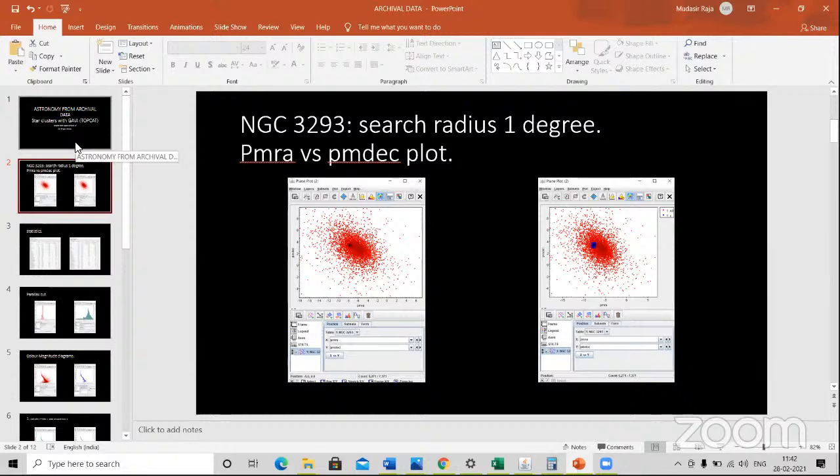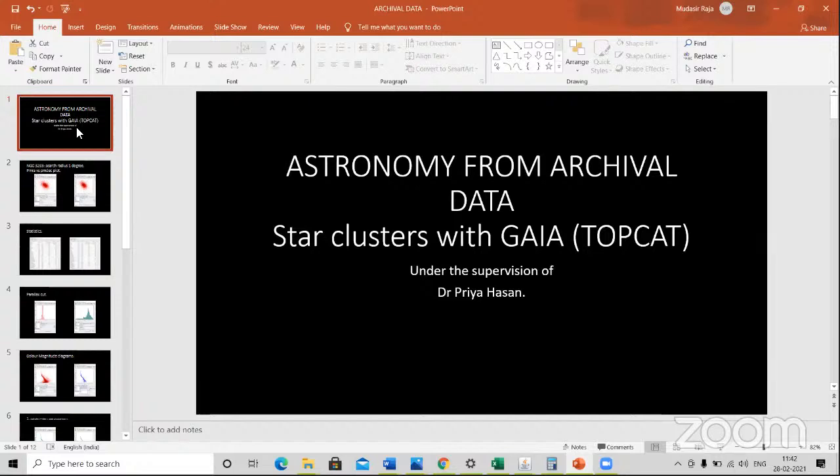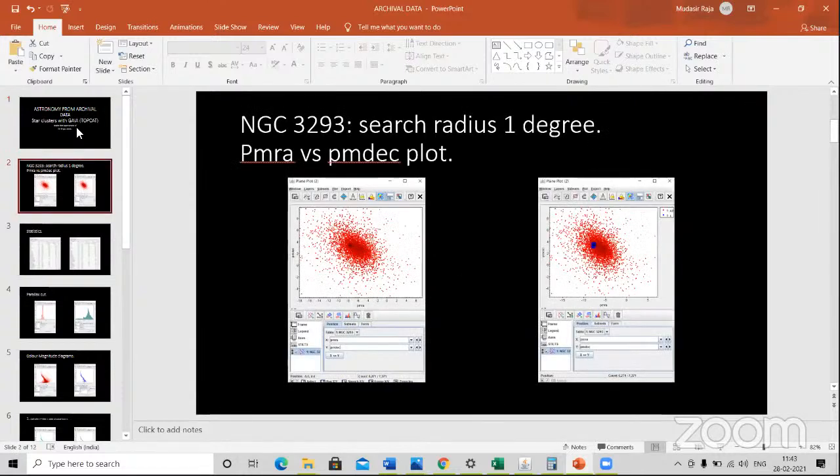So what we are doing is isochrone fitting to find the distance. In the first step we took many clusters, and this cluster is NGC 3293. I've taken the data from the Virtual Observatory TOPCAT, and this radius is 1 degree.